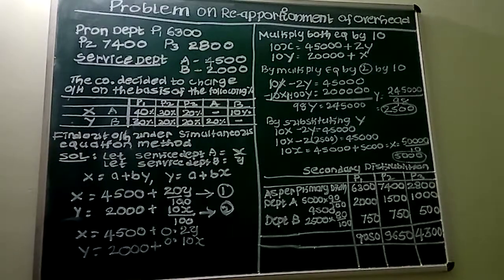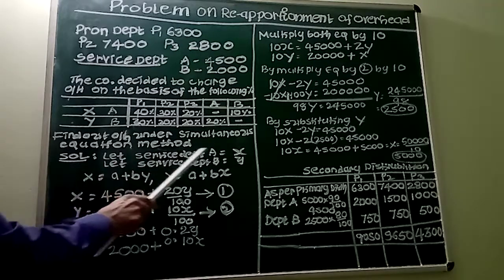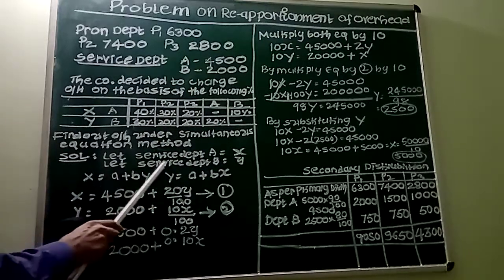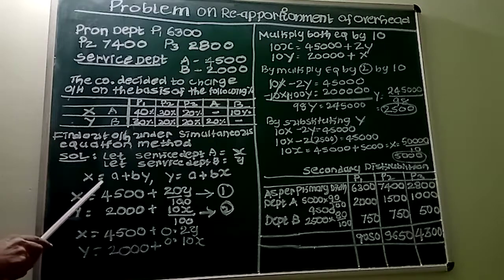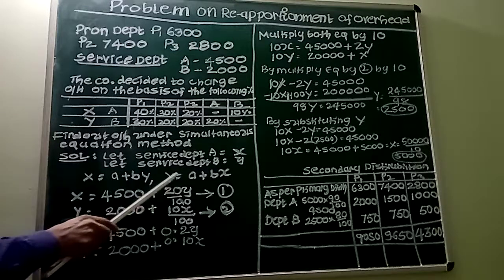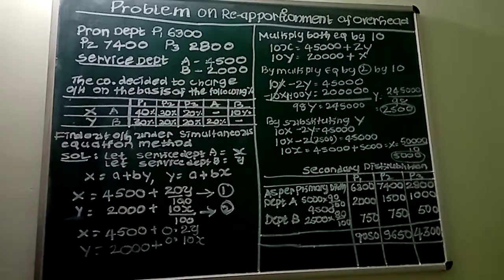In today's class, we learnt how to solve the problem on simultaneous equations, or how to calculate the total overheads under the simultaneous equations method. Let the service departments be X and Y, and you have to take two equations, X is equal to A plus BY and Y is equal to A plus BX.